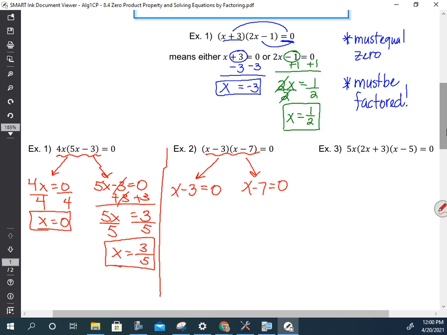You have to get rid of it by adding 3. So x = 3. That's one of them. Then you're going to do the other one. Add 7 to both sides. So x = 7.